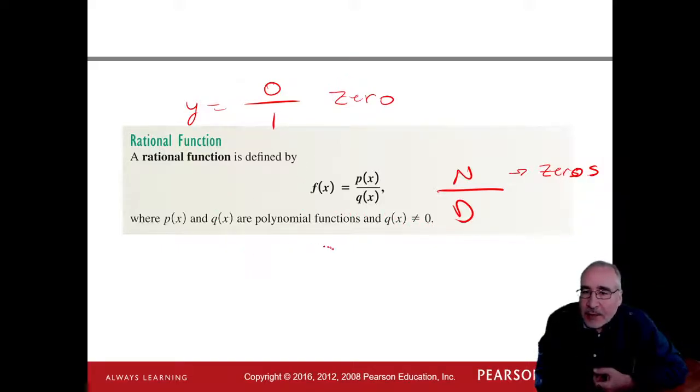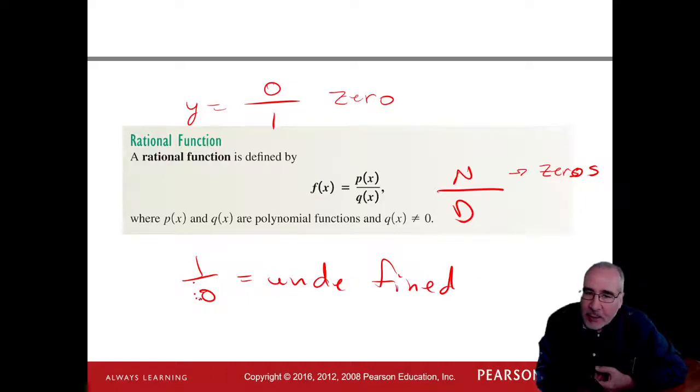We also have things, well, when the denominator is equal to 0, right? That's undefined. And remember, from lines, slope is undefined when we divide by 0. So that's our vertical, and we get what we're going to call vertical asymptotes. Okay, that's when the denominator equals 0.